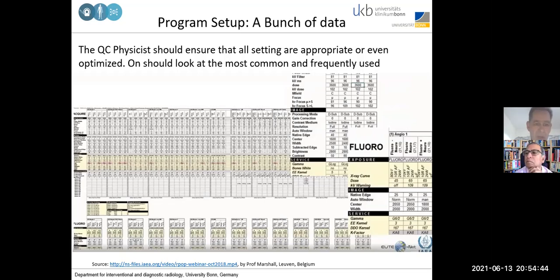He gave a webinar for the IAEA, and he told us that he has about 800 subroutines for his DSA machine. If you would like to check all 800 DSA programs, you would check the entire year and do nothing else than checking all your programs and subparameters. So what I can recommend is look for the most common frequently used programs and check those, and look for a reasonable range of kV and mAs.